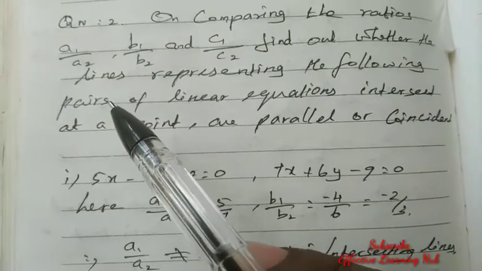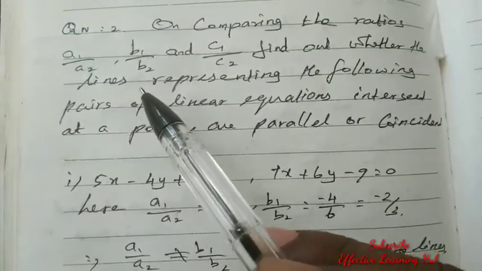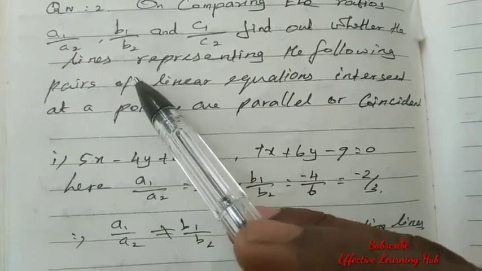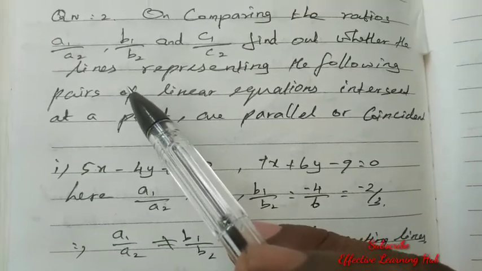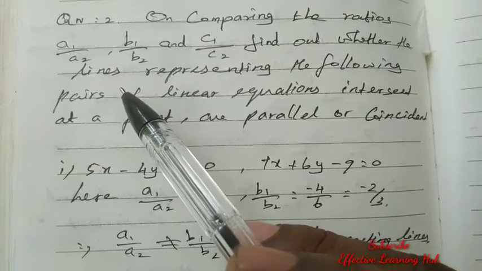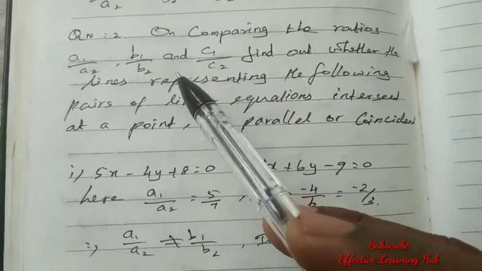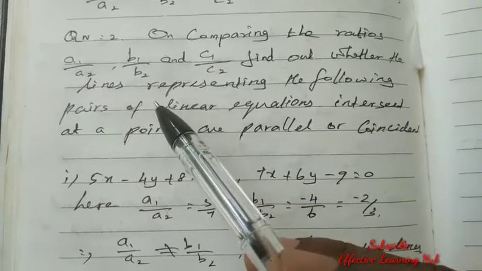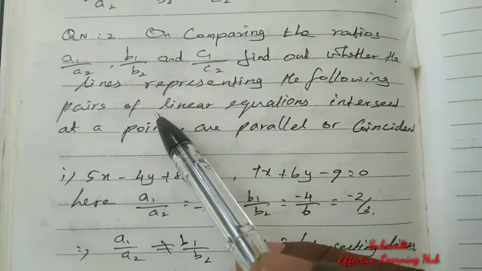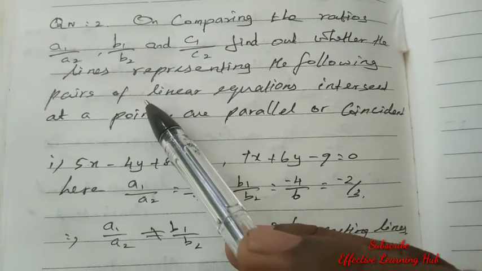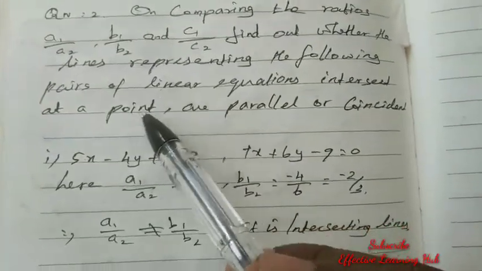Already we studied: A1 by A2 not equal to B1 by B2 means intersecting lines. A1 by A2 equal to B1 by B2 equal to C1 by C2 means coincident lines, and A1 by A2 equal to B1 by B2 not equal to C1 by C2 means parallel lines.